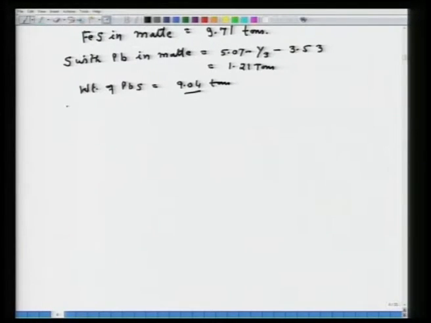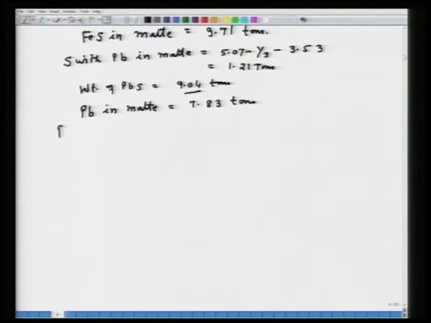So, now I can calculate lead in mat. Lead in mat will be 7.83 tons. It is simply 207 by 239. So, lead in mat I know.